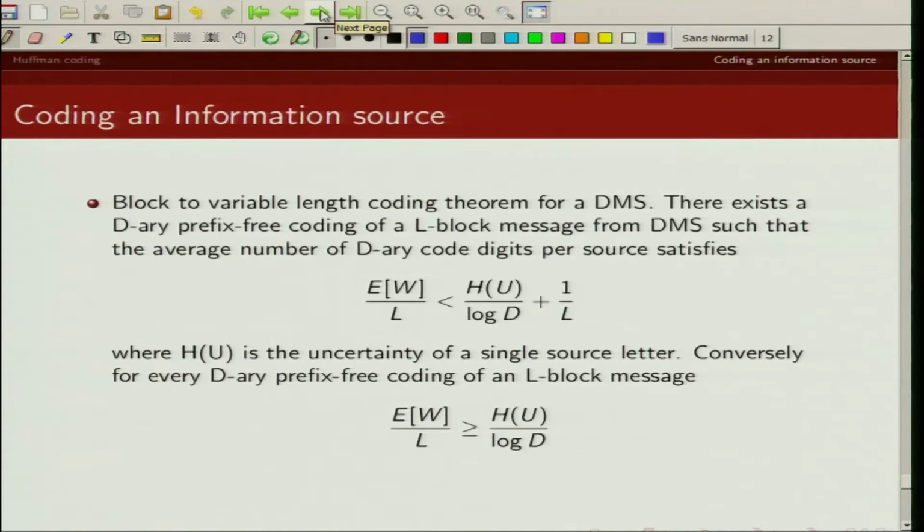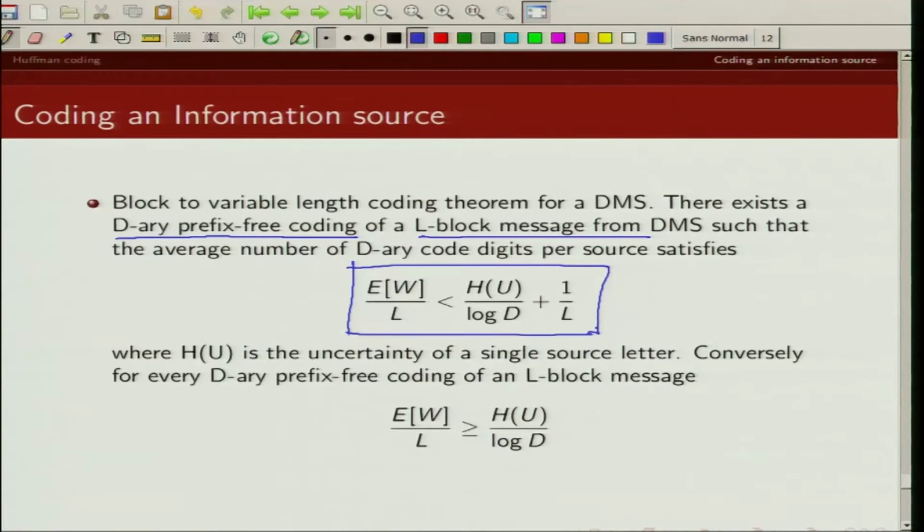We can show that there exists a D-ary prefix free code for this block of L bits coming from a discrete memoryless source, which satisfies the condition that the average code word length per block size is upper bounded by this and lower bounded by this term.